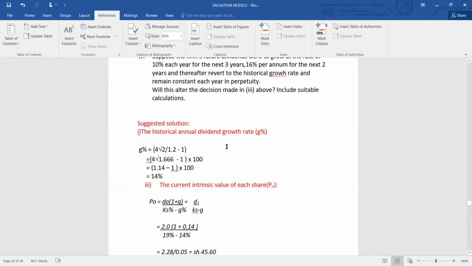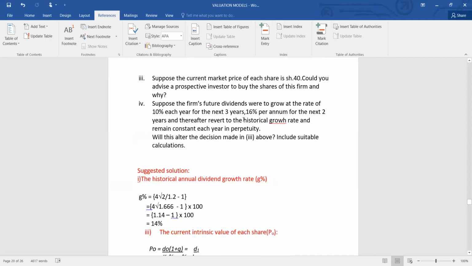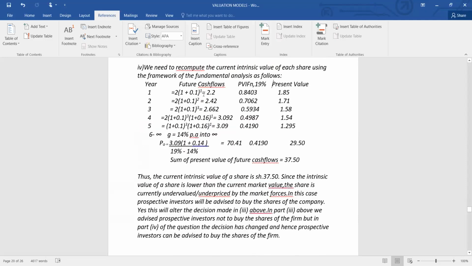If these dividends were to grow at 10% for the next 3 years, so 1.1 to the power of 1, is that 2.2? Dividend payable in a year's time from now? Yes, it's 2.2.